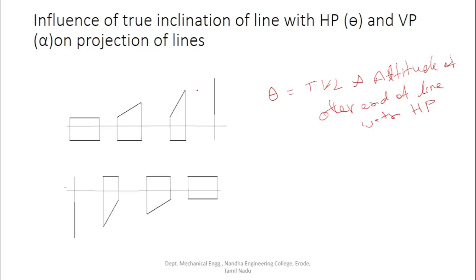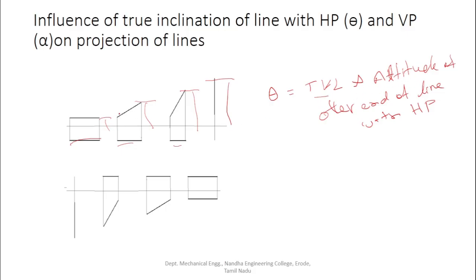So this distance will be influenced by the theta value and top view length. So here when the line is parallel to the HP, then we are getting the maximum length. When the inclination of the line with HP increases, we are getting a reduced top view length, right? So finally theta is influencing the top view length and the altitude of the other end of the line.